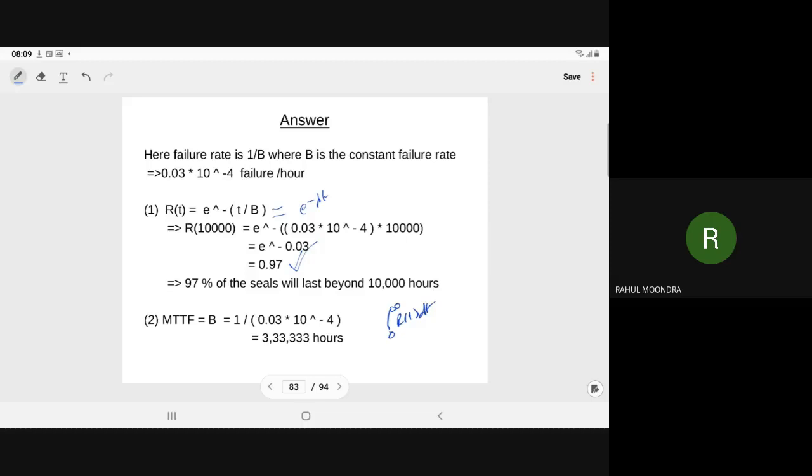This much is the mean time to failure of all seals, meaning the average lifetime.